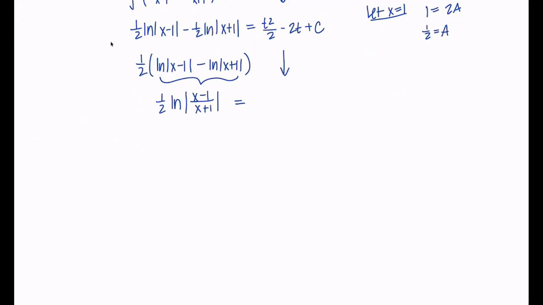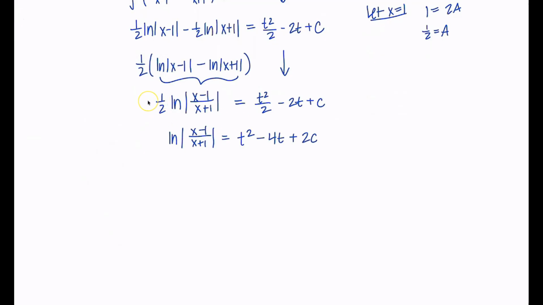And then that's equal to, if we bring this down, t squared over 2 minus 2t plus c. Now, we'll multiply both sides by 2 here to get rid of this 1/2. So we'll have natural log absolute value x minus 1 over x plus 1 is equal to t squared minus 4t plus, so this would be 2c.